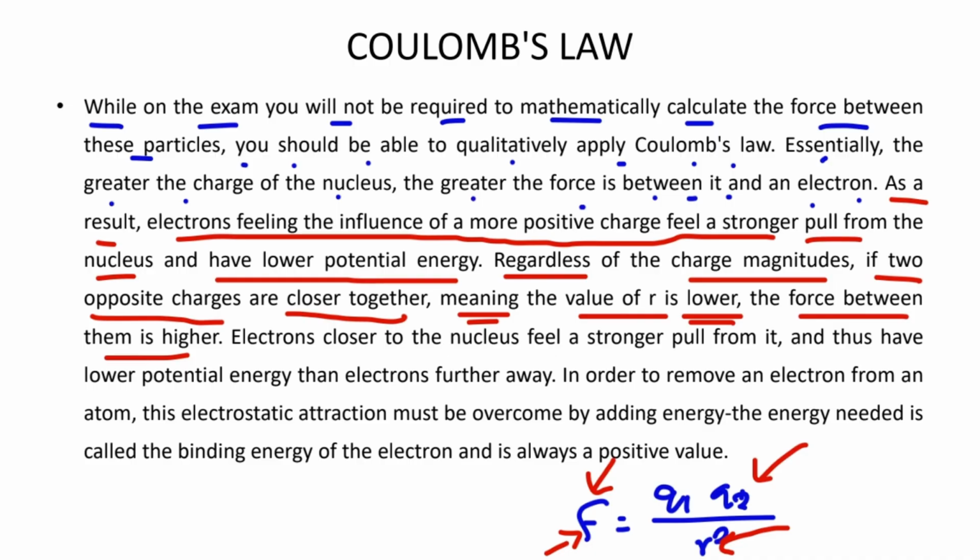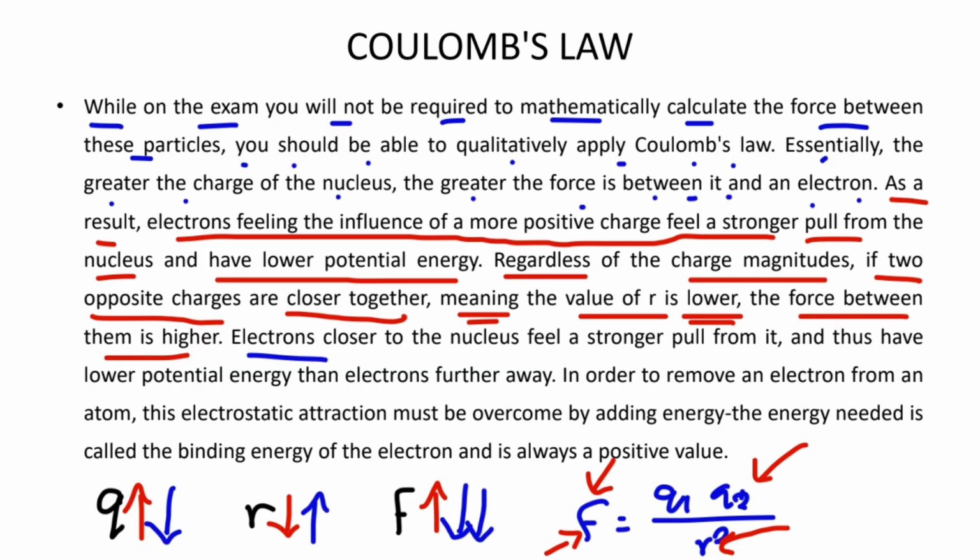So again, we have a charge value, a distance value, and the force value. If the charge was greater, the force will be greater. If the distance was less, the force will be greater. If the charge was smaller, the force will be smaller. And if the distance was higher, the force as well will be smaller.